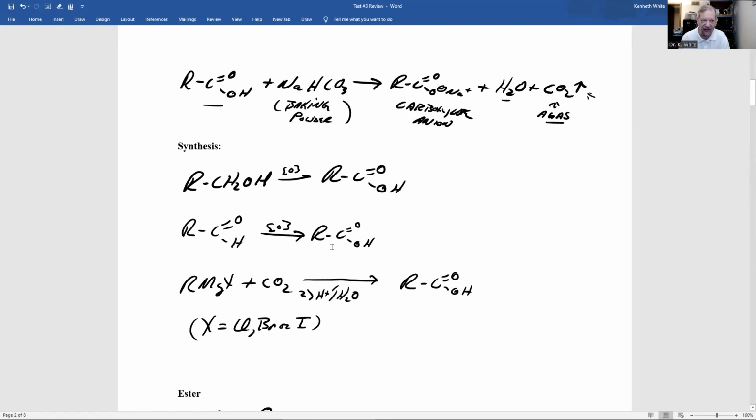And one of my favorites, because you make a carbon-carbon single bond, which is something very special, very rare: if you take a Grignard, RMgX, where X can be chlorine, bromine, or iodine, react it with carbon dioxide, second step acid and water, you get a carboxylic acid that's one carbon longer than the Grignard you started with.